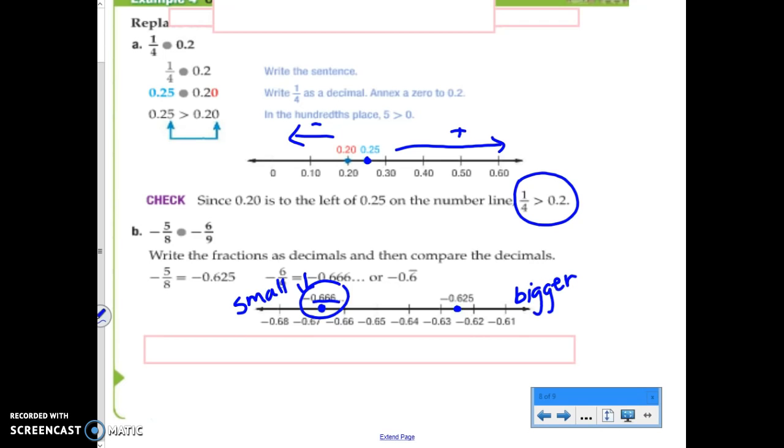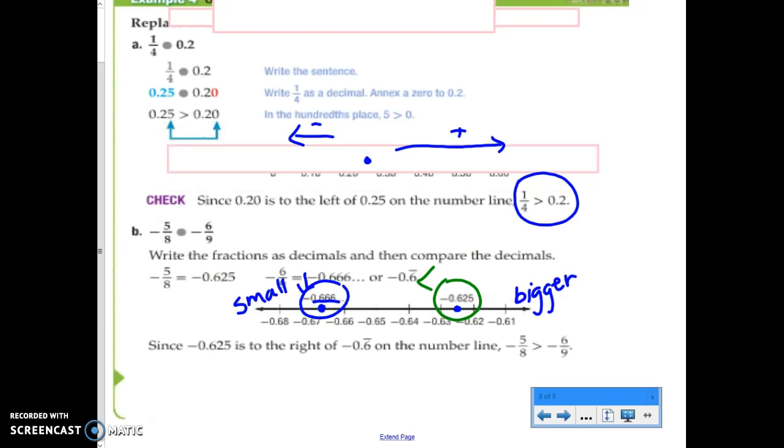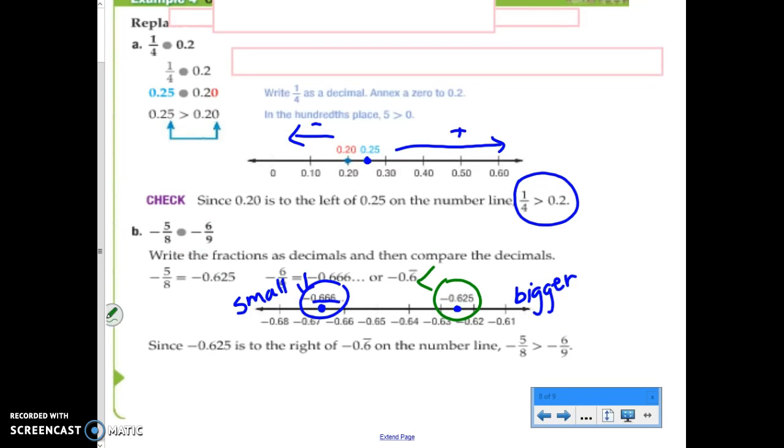Just keep that in mind because there's a lot of confusion there. So after keeping that in mind, I know that this one is the greater number, so therefore I would write, remember 0.625 was my 5/8, so I would write -5/8 is greater than -6/9.